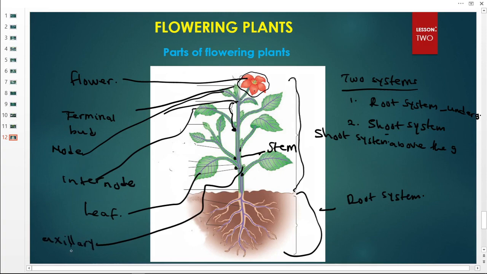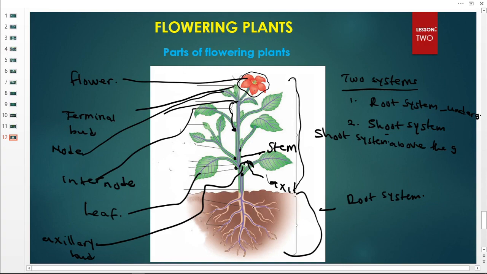Then the angle between this leaf and the stem is what we call an axil. So the angle between a leaf and the stem is called an axil.